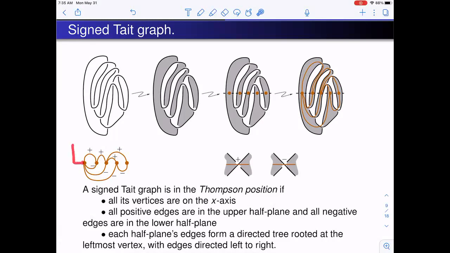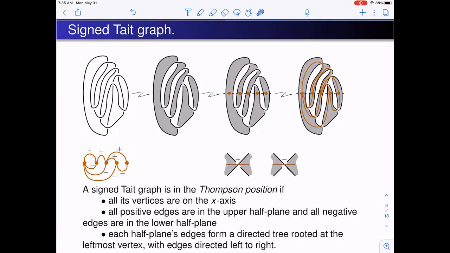For example, if I consider the upper half plane tree rooted at the left vertex, it can always be directed from left to right. So for each vertex there is only one vertex to the left of it connected to it, and there is a similar tree in the lower half plane. If my planar signed graph, the Tate graph, is in that position, then it corresponds to a Thompson element.